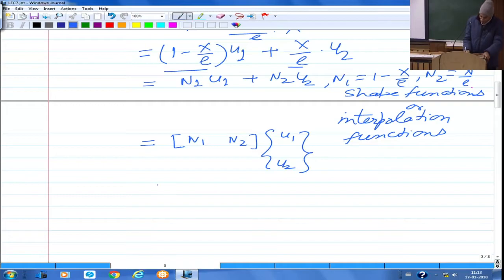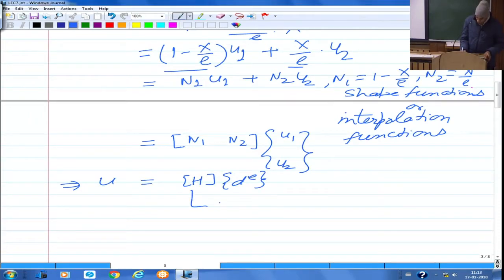That is why I am writing this. And again we use a notation, we are continuing with U. This we usually call the interpolation matrix. I denote this by H. Of course there can be other notation. And this is multiplied by a vector of elemental degrees of freedom, for which I am using the notation D e.